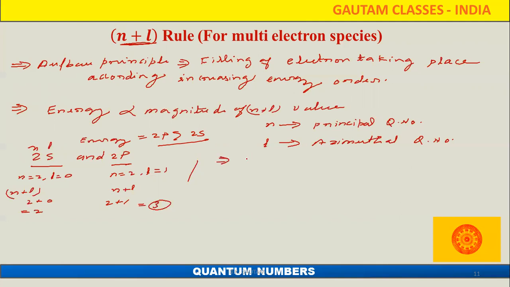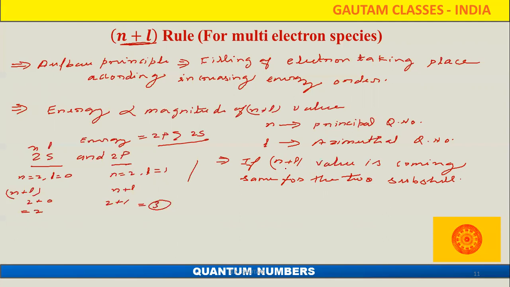Sometimes the n plus L value comes the same for two subshells. At that point, we have to check which one has the higher principal quantum number. Those having the higher principal quantum number will have the higher energy.